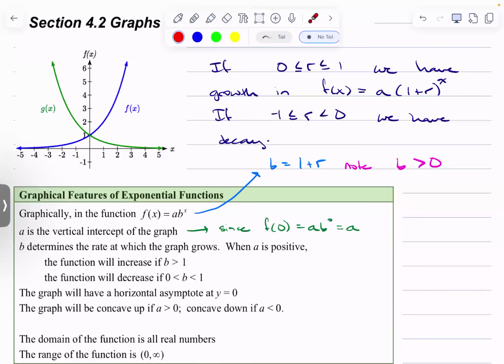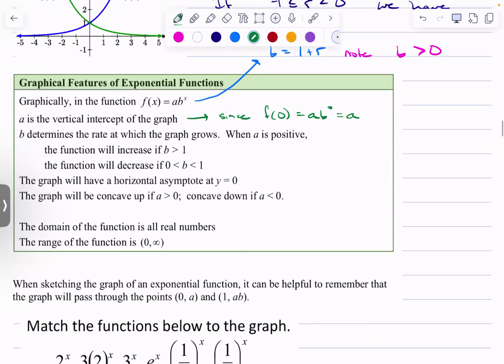So same type of behavior that we're used to seeing. Concave up is going to look something like this, with the cup facing up, versus concave down, where it's flipped and facing down.